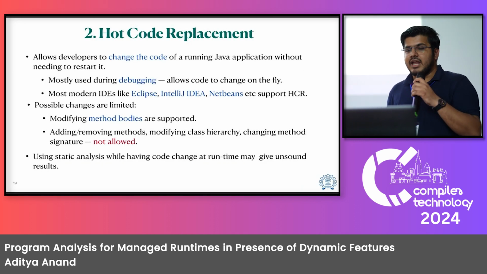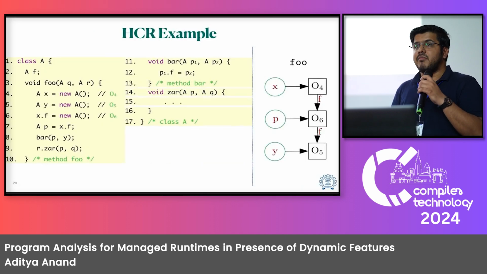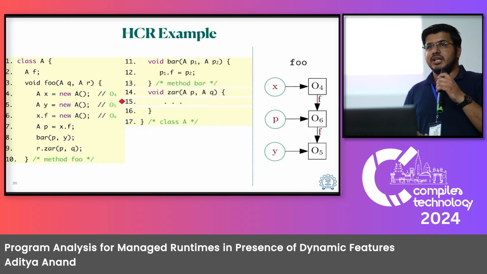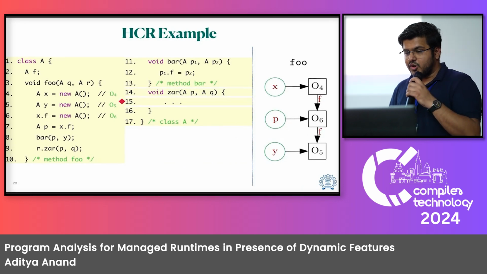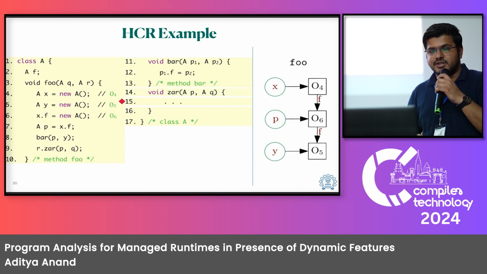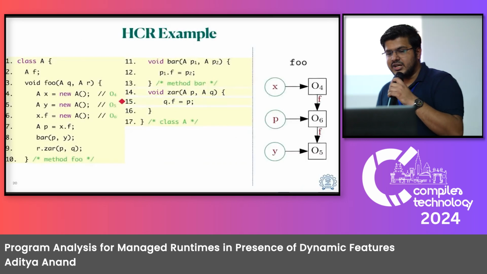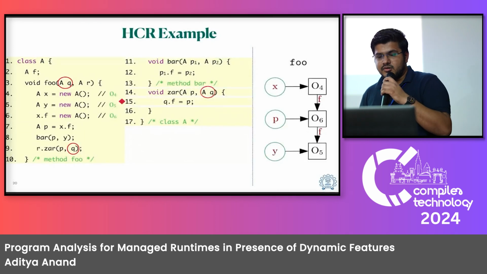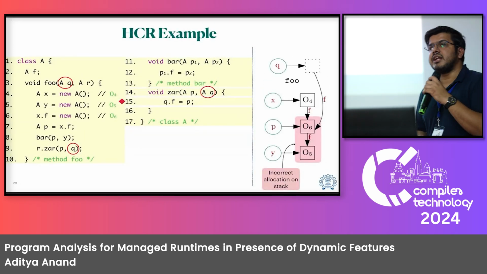Let's say at line 15 we put a debug point, which earlier was not doing anything relevant to method foo's points-to graph, and now we add the same statement here. Again, we will have the same problem and incorrect stack allocation.